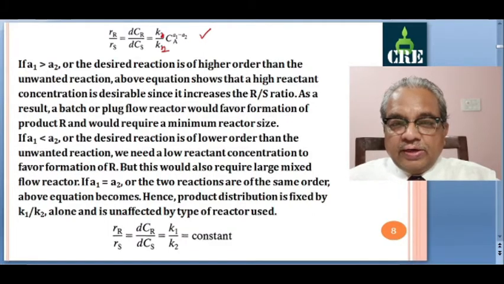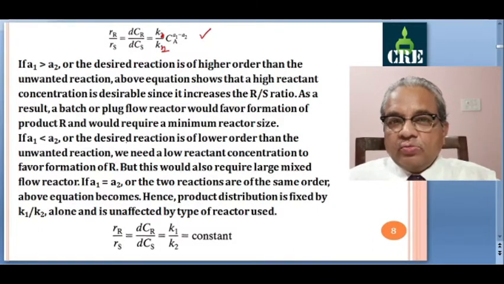And for getting a high ratio of dCr/dCs, we need low reactant concentration. As you lower the value in the denominator, you get a higher ratio. So low reactant concentration favors the formation of R. This will require a large mixed flow reactor, so we'll prefer a mixed flow reactor for such cases.